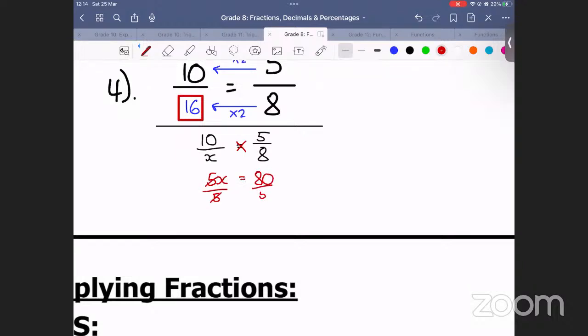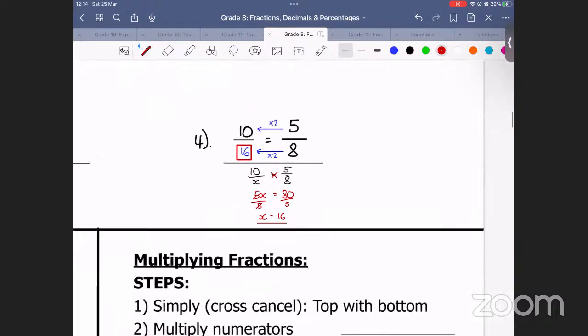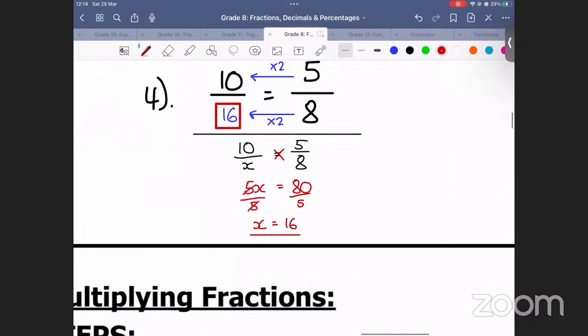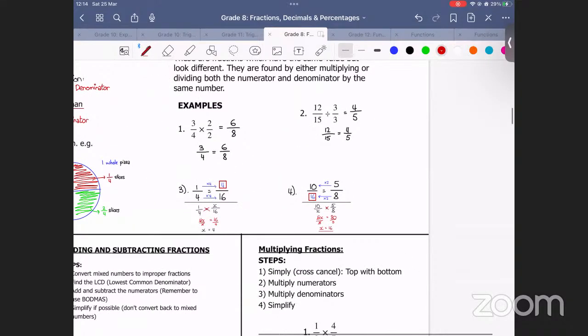Divide both sides by 5. 80 divided by 5 is 16. Okay, cool. So that's it. There are two methods of solving equivalent fractions.